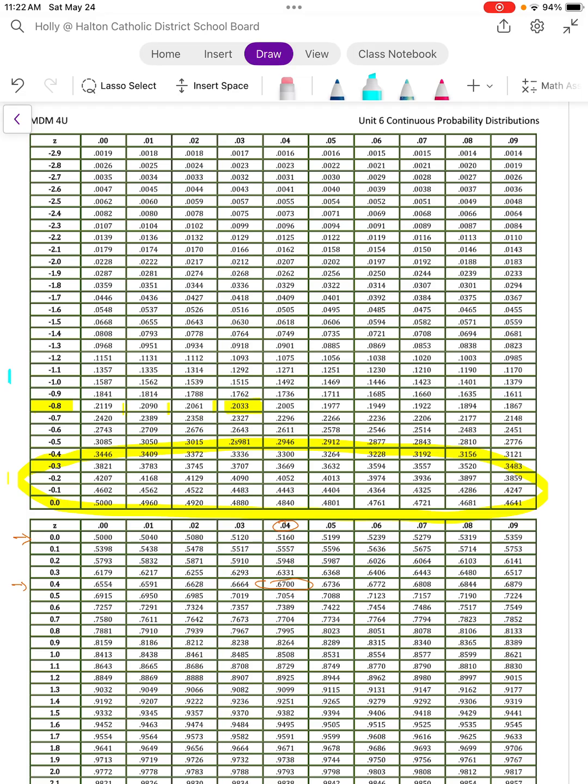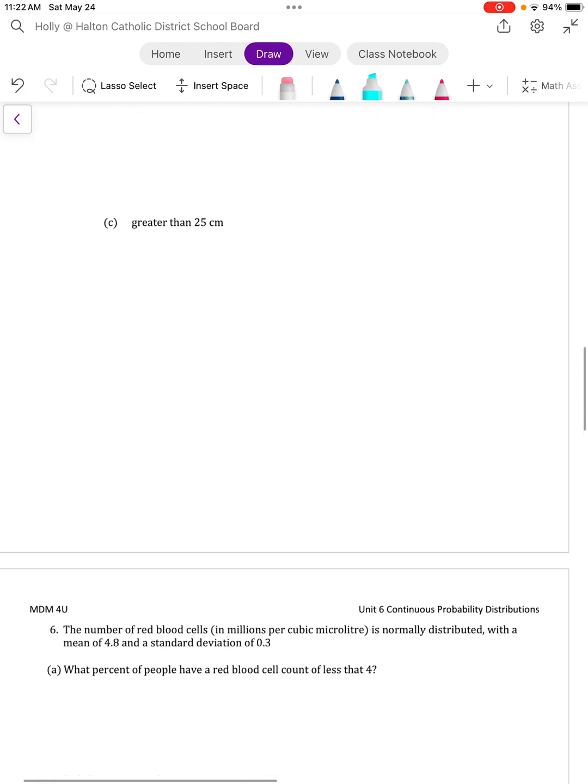I have negative 0.12, maybe. This one would be 0.13. And this probably would be close enough as well. So I can use these two, because the other ones are a little bit further apart. There's no 0.45, so I have actually two values, negative 0.12 and negative 0.13.